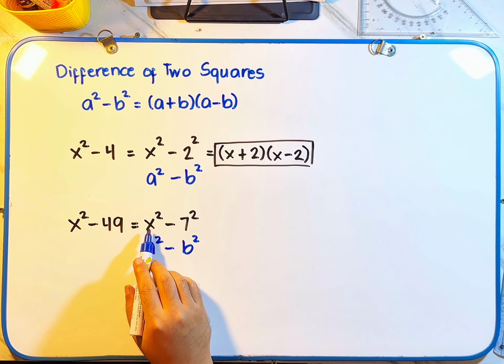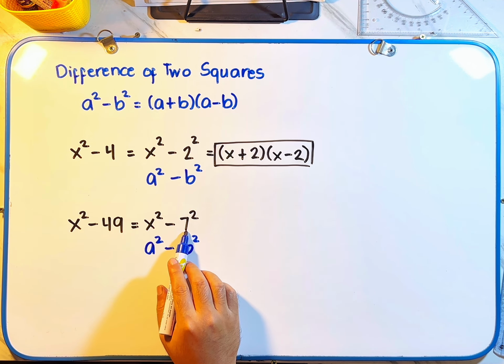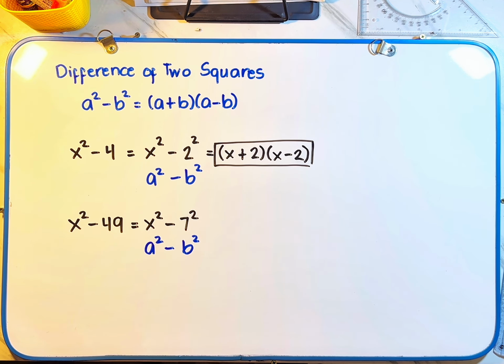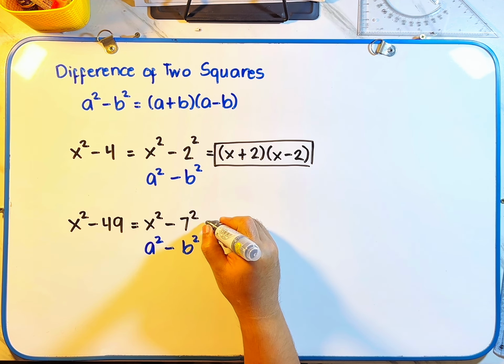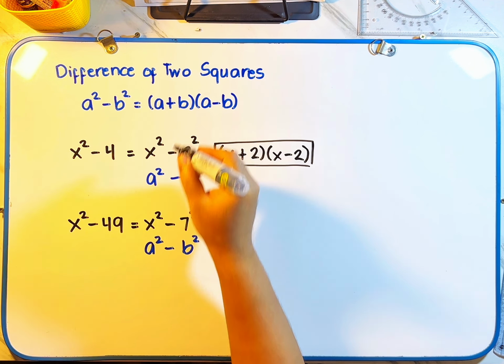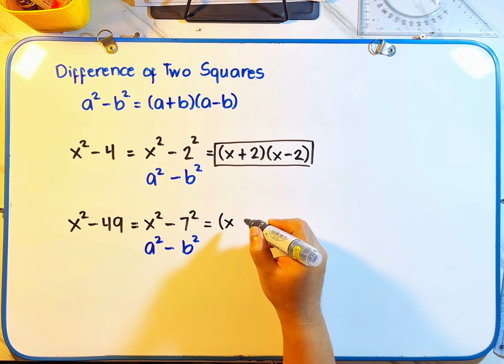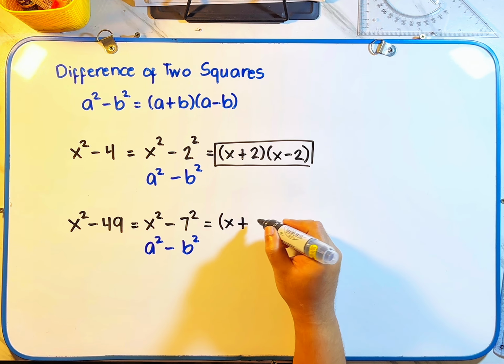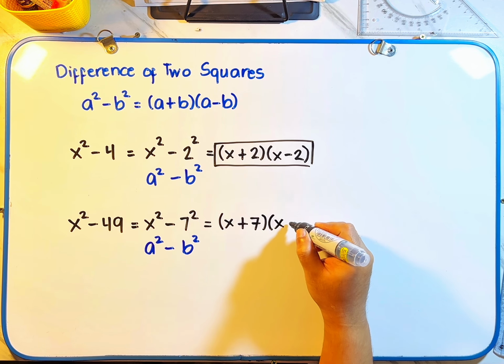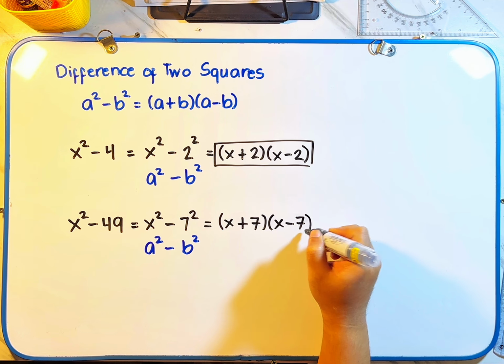Our a is x and our b is 7. Substitute them to the factored form above. So, the factored form of this expression is a plus b, our a is x, so x plus 7, times a minus b, so x minus 7.